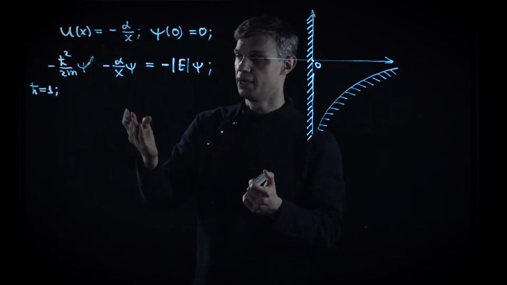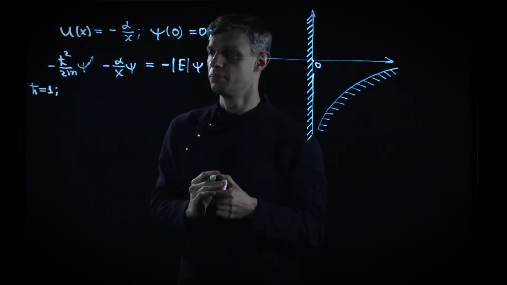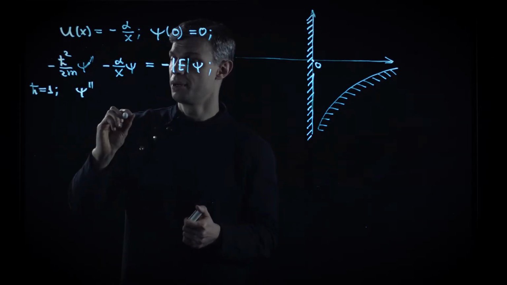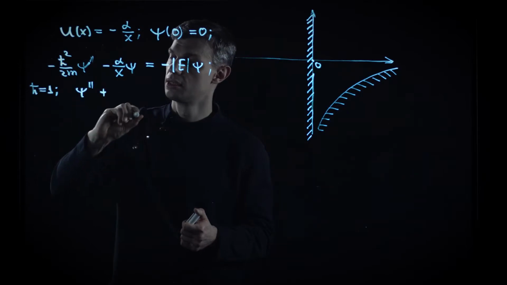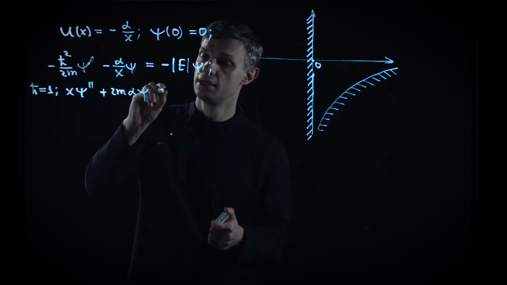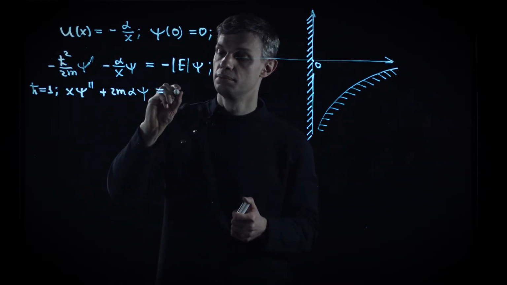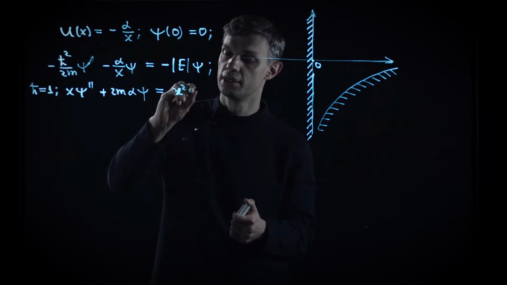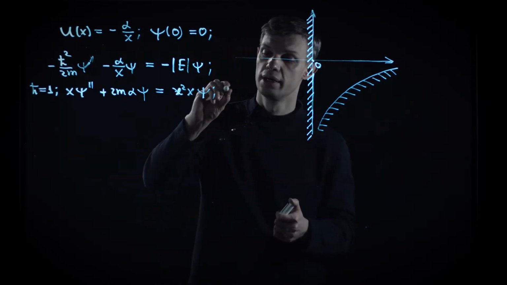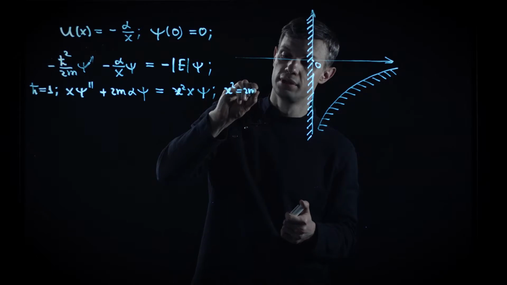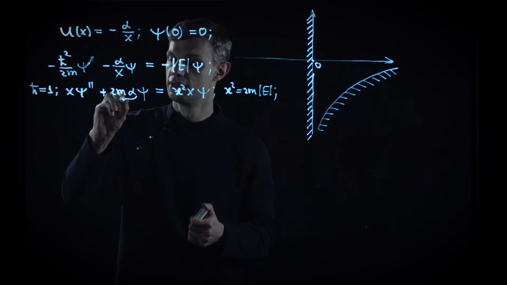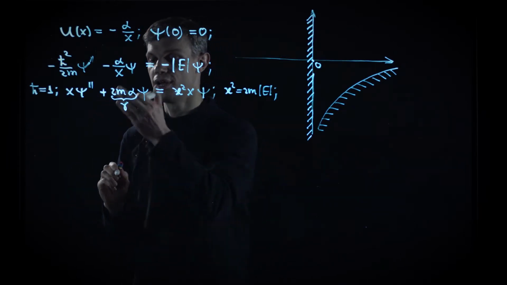Let's multiply this equation by 2m and get rid of the unnecessary minus sign, and what we get is the following: psi prime prime plus 2m alpha over x psi equals kappa squared psi, where kappa squared is 2m times the modulus of energy, and let's denote the factor 2m alpha as gamma.